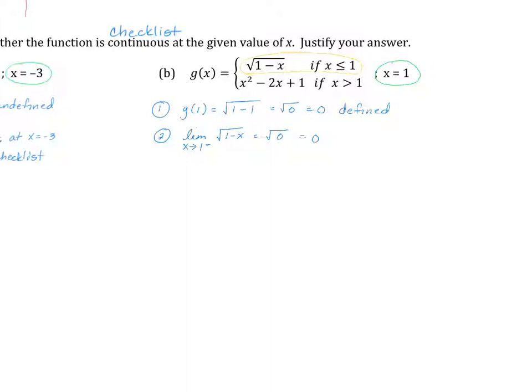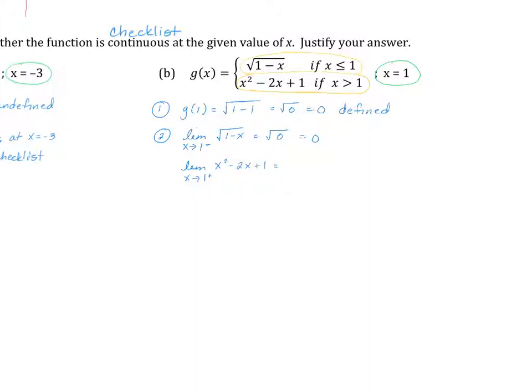So the limit exists when I'm coming from the left, but I also have to come in from the right as well. Again, the reason why I'm doing this is because at 1, the function breaks up into two pieces. Coming in from the right, I'm actually using the lower piece, because coming in from the right, I'm looking at x values that are larger than 1. So I need to write that in here. x squared minus 2x plus 1.